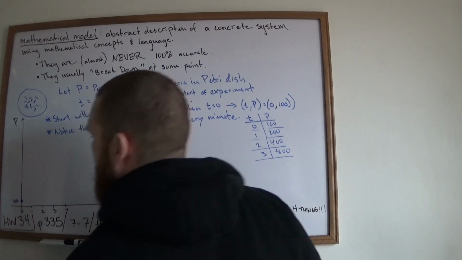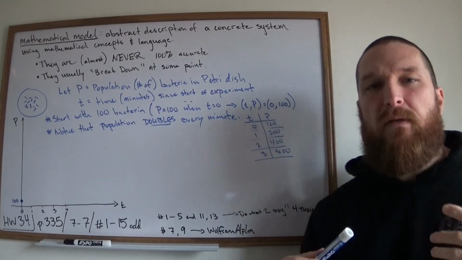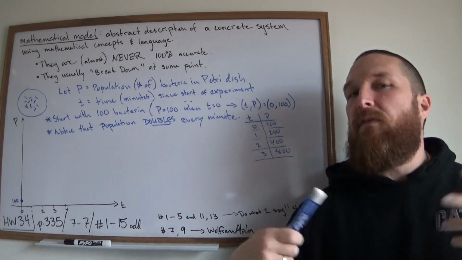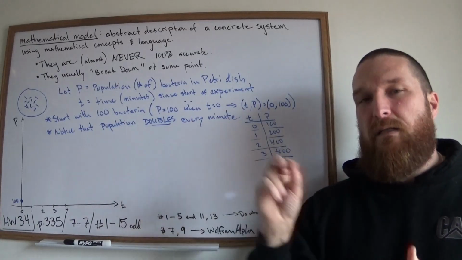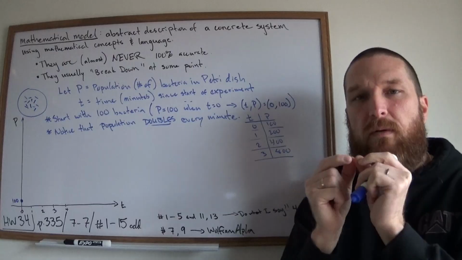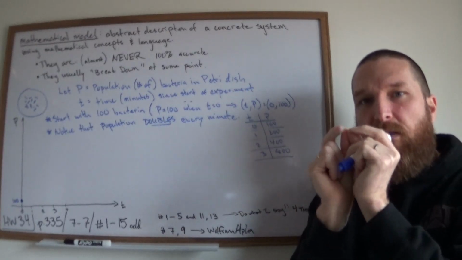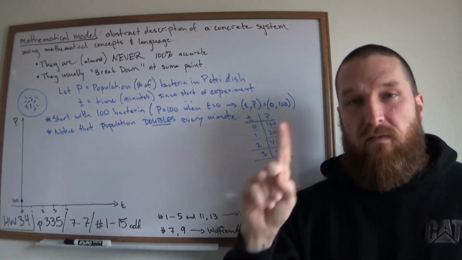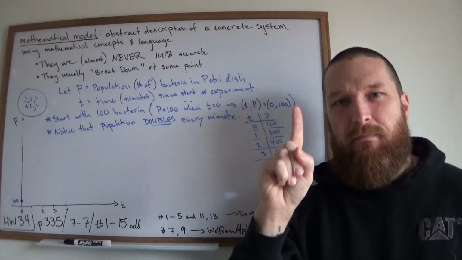There's 100. Okay, now what you notice as you do this experiment is that the population doubles every so often, and this actually makes a lot of sense, because each of those bacteria themselves separate. They reproduce asexually, so they themselves split into two. So, for instance, if you started with one bacterium, over some time it would split into two.